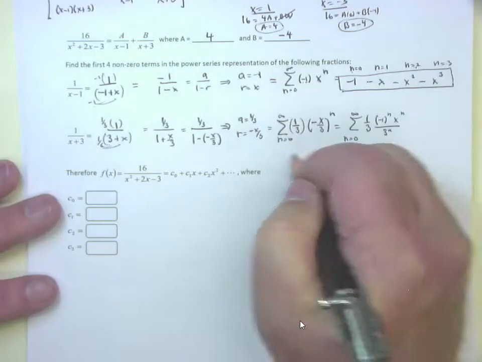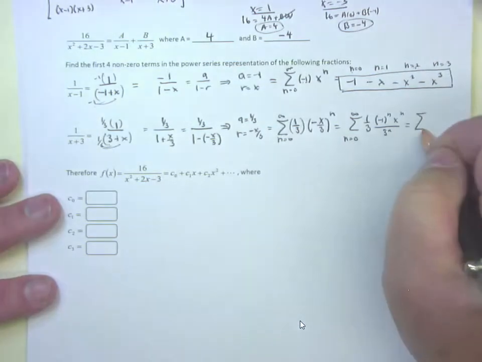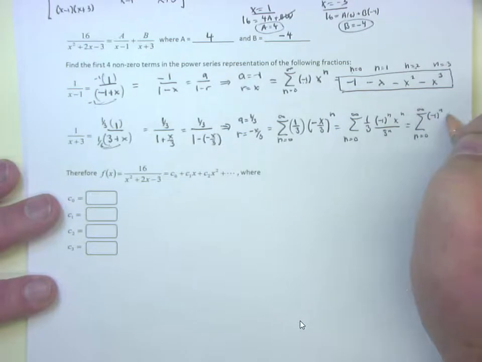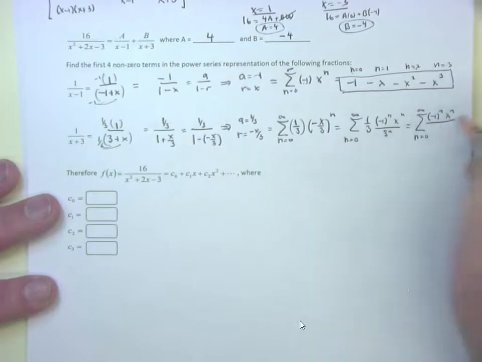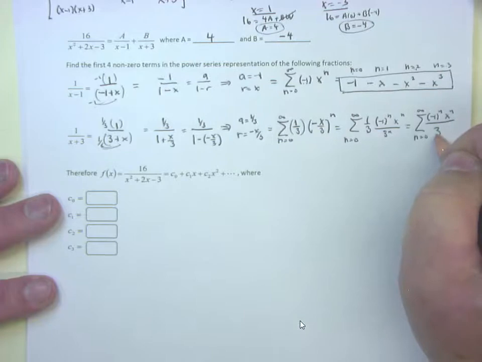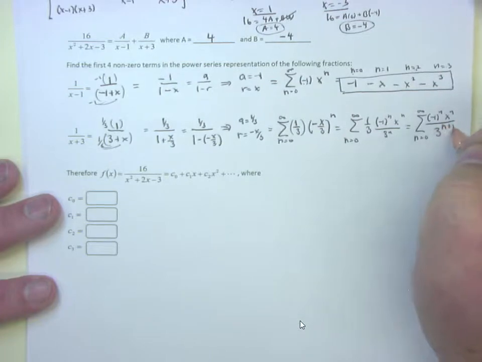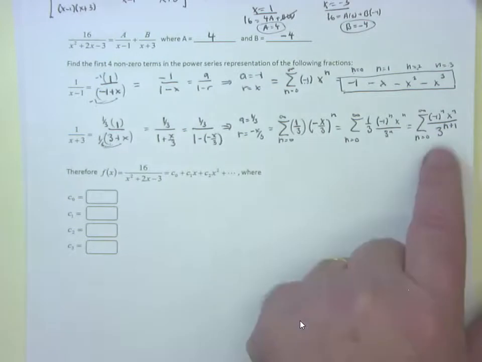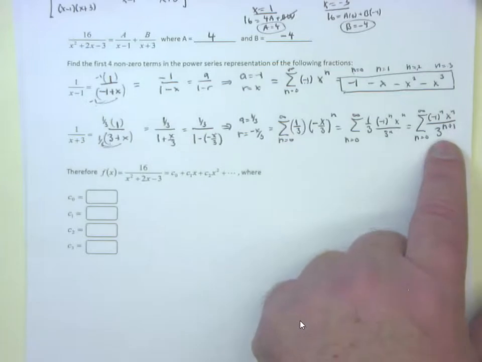So this will give you the sum as n goes from 0 to infinity of negative 1 to the n times x to the n divided by what? 3 to the n plus 1. 3 times 3 to the n is 3 to the n plus 1. Now that you've got this particular series cleaned up, because this is traditionally how we like to answer, especially multiple choice questions on final exams and your 4th test here.